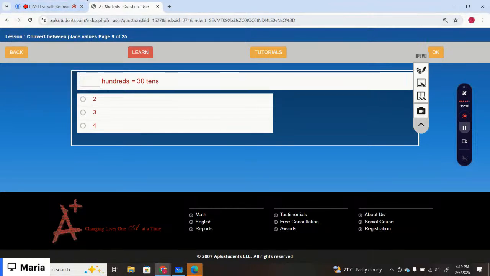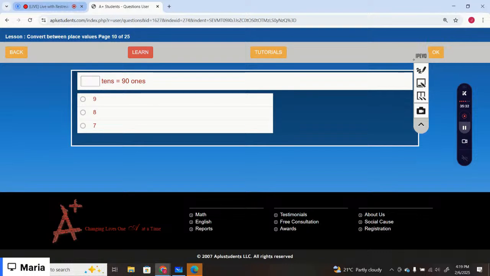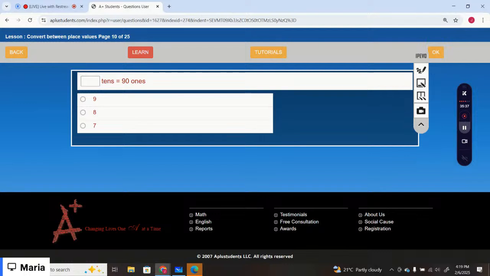Thirty tens equal how many hundreds? 30 tens equal 300. The correct option is option number 2. 90 ones equal how many tens?